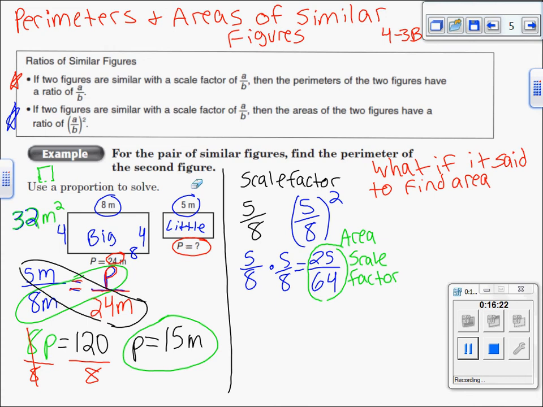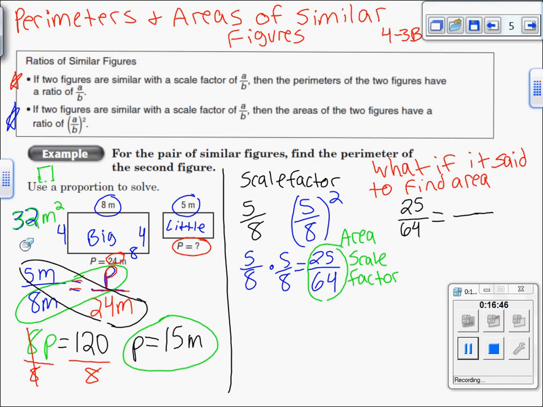What is the area of the little rectangle? That's what it's asking. Now, you still would have found your area scale factor. I did little over big, so we'll stick with little over big. So if you were looking to find area, this area scale factor is going to be half of your proportion already. 25 over 64, boom, half your proportion. Now, we chose little over big.